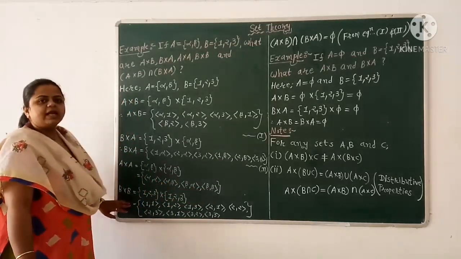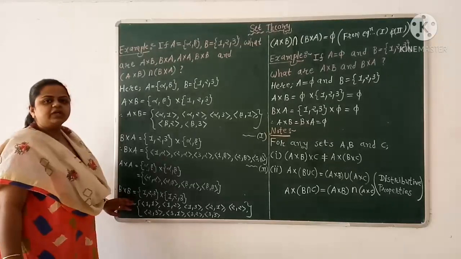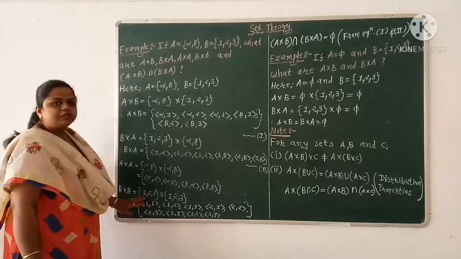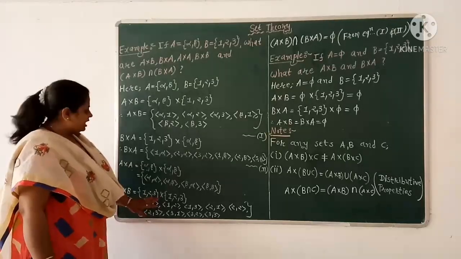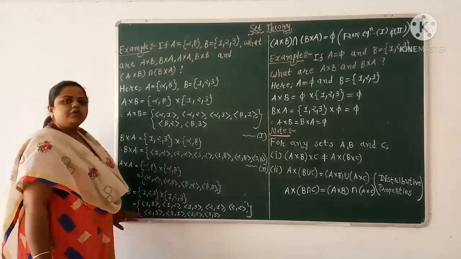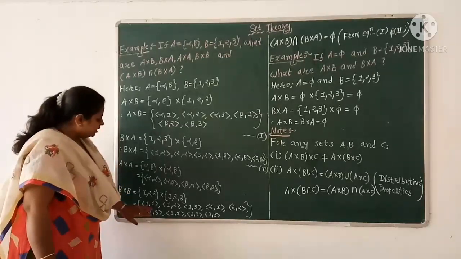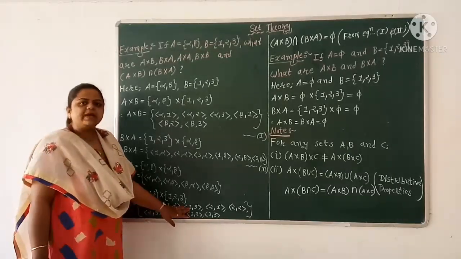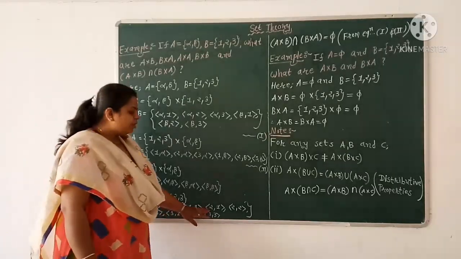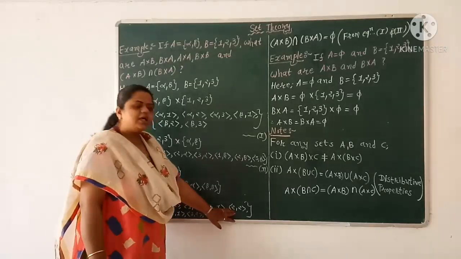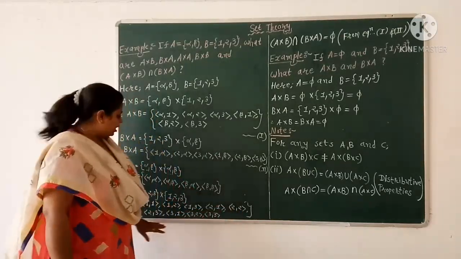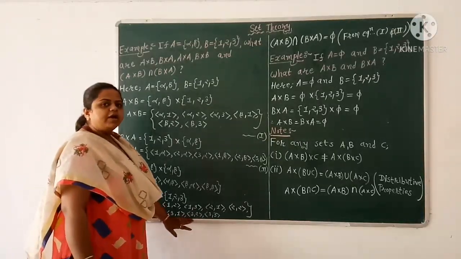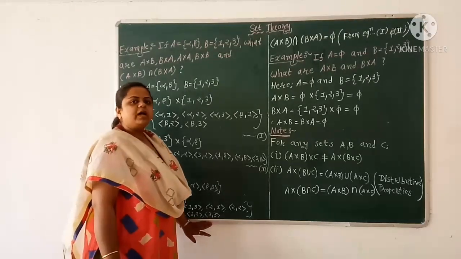And B cross B, where B is equal to {1, 2, 3}, is equal to {1, 2, 3} cross {1, 2, 3}, the set of ordered pairs (1, 1), (1, 2), (1, 3), (2, 1), (2, 2), (2, 3), (3, 1), (3, 2), (3, 3).